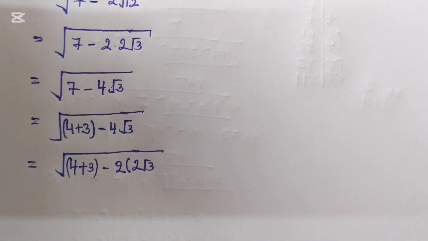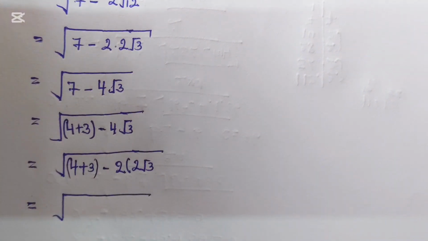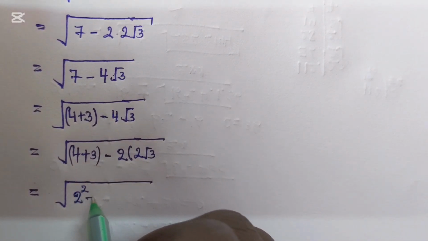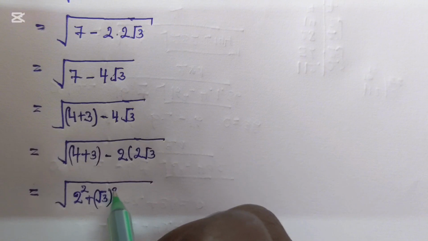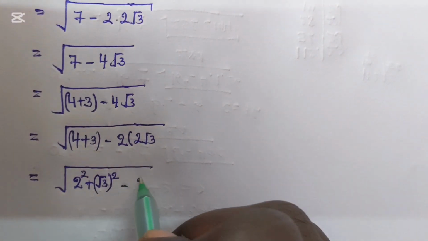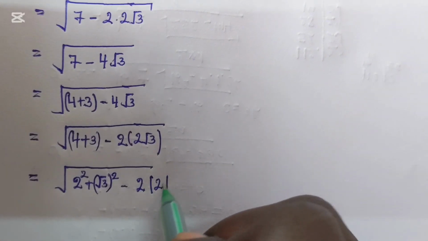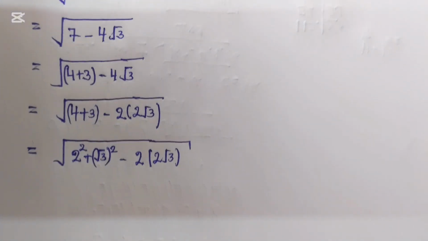Okay, what can we get here? Equal to square root of, this can be 2 squared plus square root of 3 squared, okay, then minus 2 open bracket of 2 square root of 3 close bracket, okay.